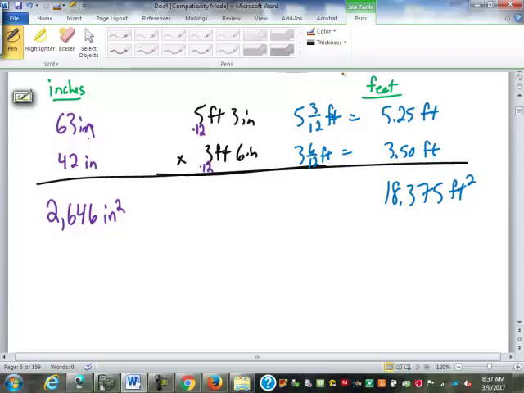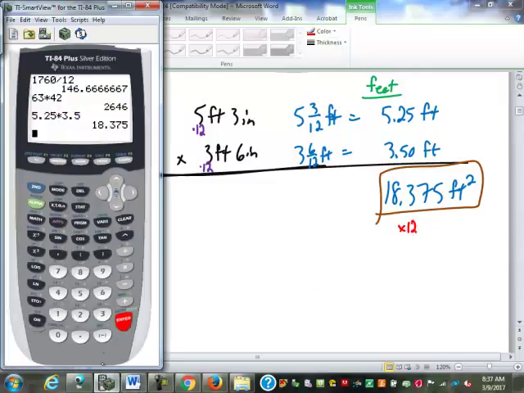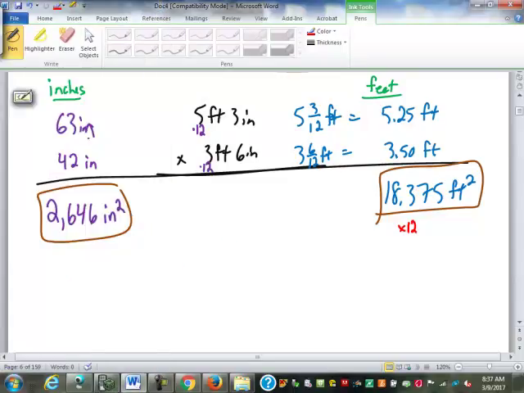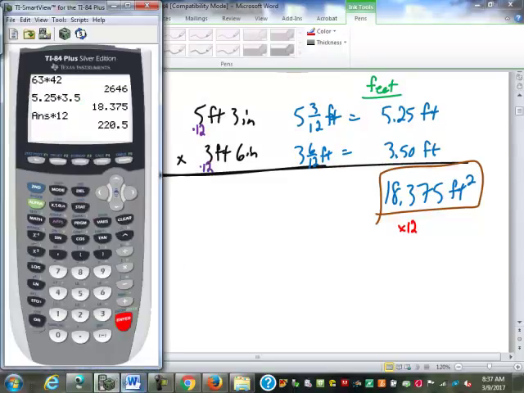Looking at these two, though, it looks a little funny. These are the exact same area. But if I take this one times 12, what do I get? Not 2,646, is it? Why not? Well, because it's not inches and feet, it is square inches and square feet.